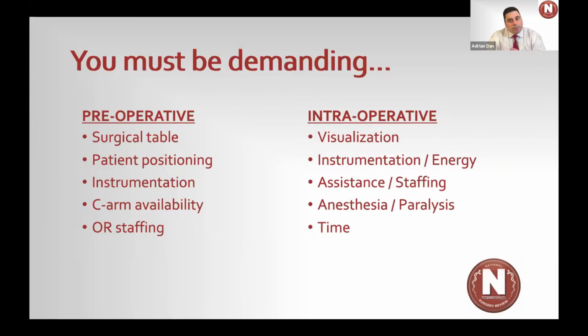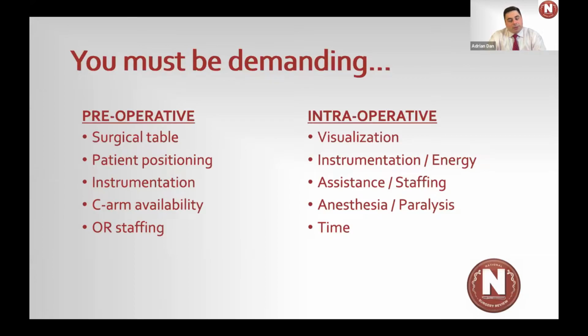If you skimp on this portion of the preparation, then what you end up doing is getting in a situation where your field may be bloody, your visualization decreases, you get overstressed by the amount of bleeding, and all those things added together is what snowballs into a potential complication.